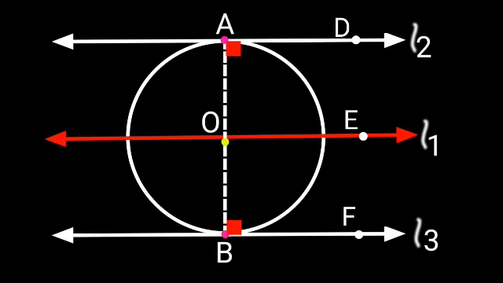Segment AO is given as 4.5 and OB is also 4.5 because they are radii of that circle. Hence, AB is equal to 9. Thus, we find the distance between two parallel tangents is 9.